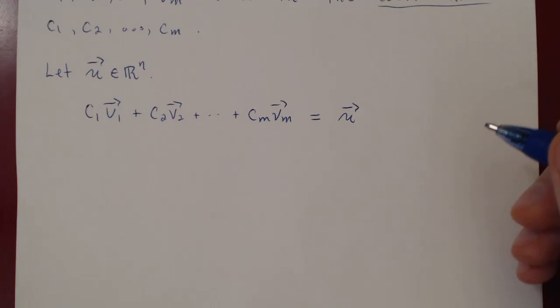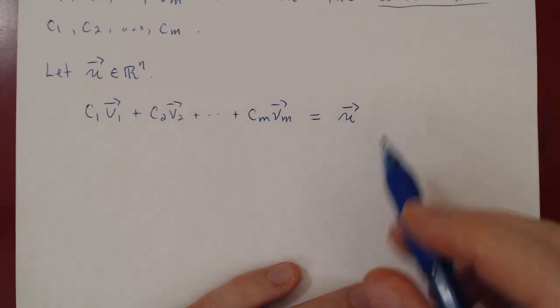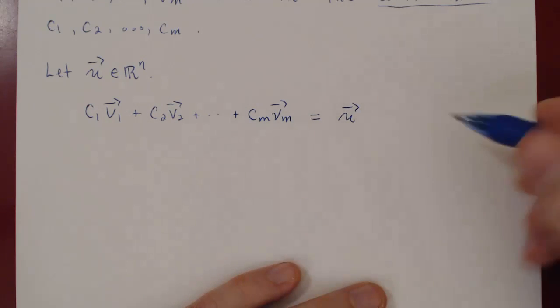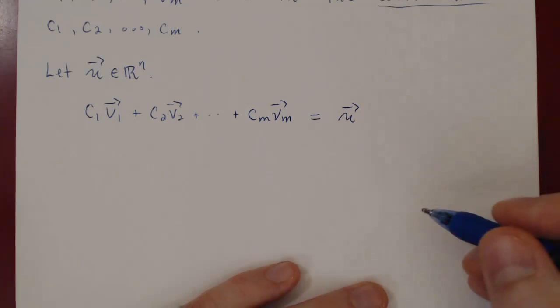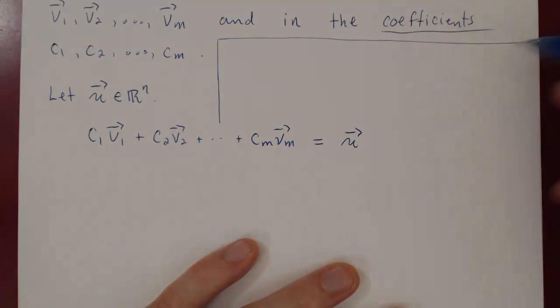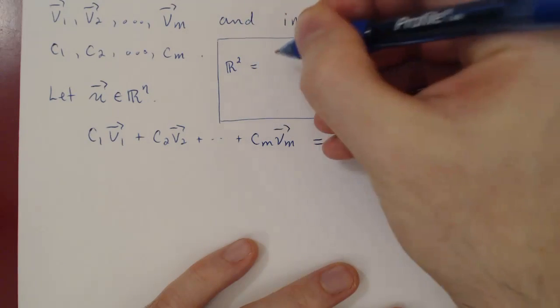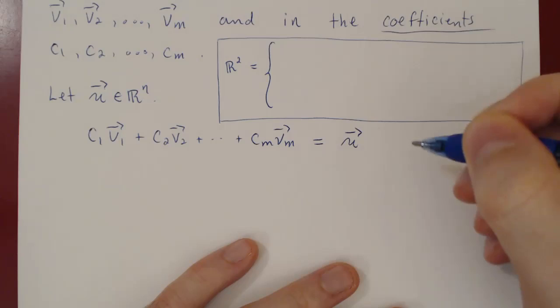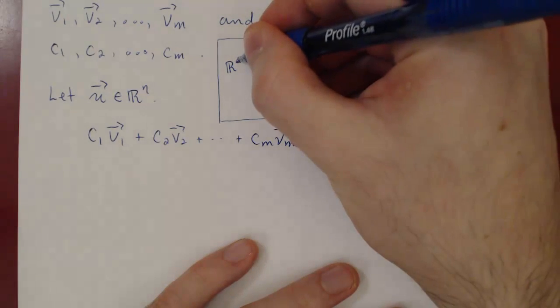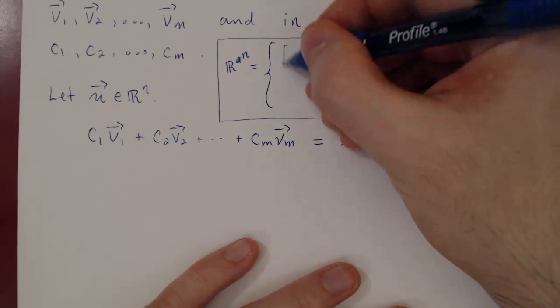And now think of it. From now on, as we've said in the intro of this video, we will only think of Rn as the set of column matrices of length n. So let's write this here and think of the implications of that. So Rn for us is the set of column matrices of length n. Rn, not R2, but Rn for any n.